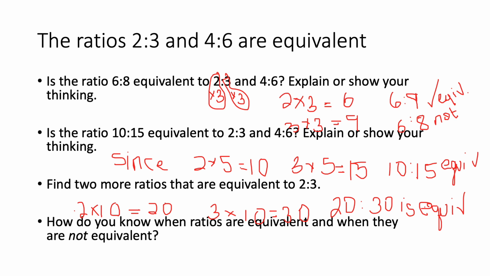I would have to multiply the 2 by 3 to get 6. So if I multiply the 2 by 3, I also have to multiply the 3 by 3.